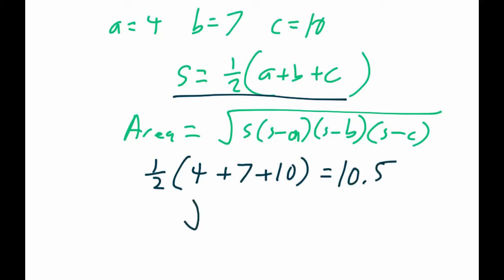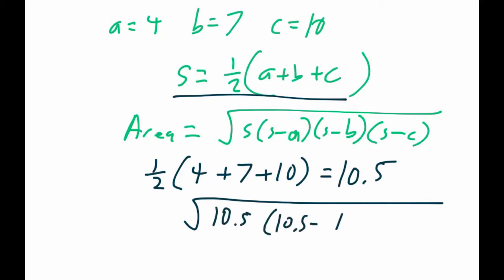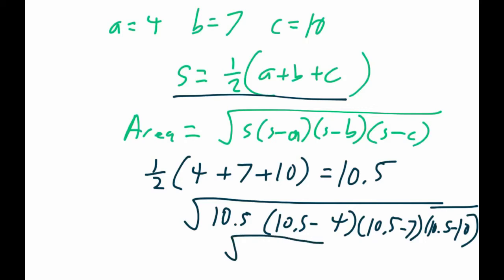So then I'm going to do the square root of 10.5 times 10.5 minus 4, 10.5 minus 7, and 10.5 minus 10. Which winds up to be the square root of 119.4. And when I square root the answer, I get 10.9.